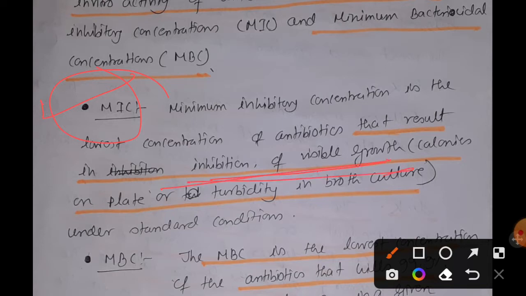That means we are not talking about death of the organism, we are talking about inhibition of growth, meaning inhibition of metabolism, right? And I have told you bacteriostatic antibiotics slow down the metabolism.